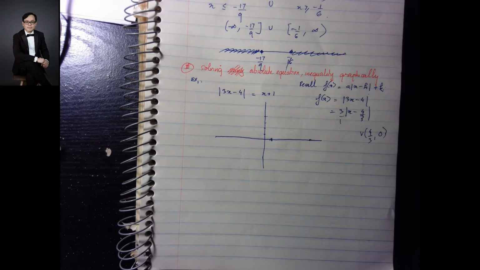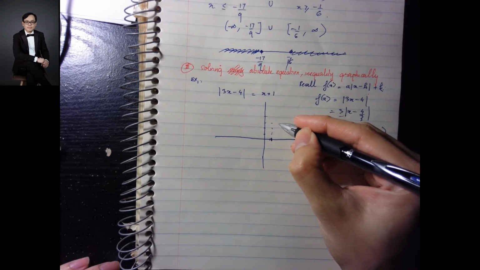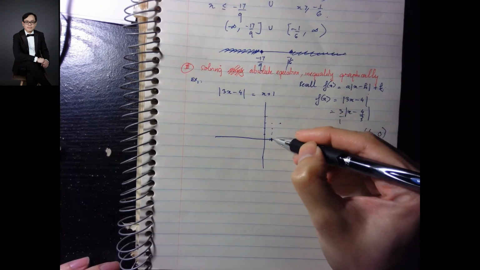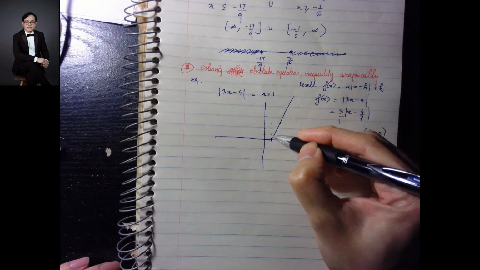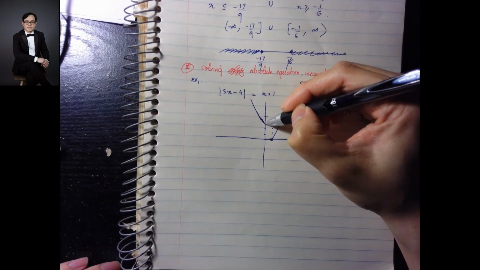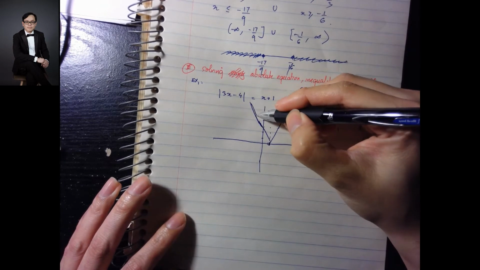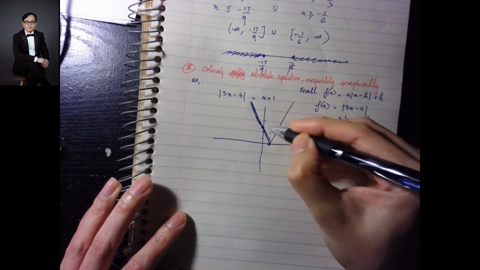And the slope is 3 over 1, so if we apply the rise over run method, 1, 2, 3, going to the right 1. So it's going to be like this. There you go. So that is the equation on the left side.